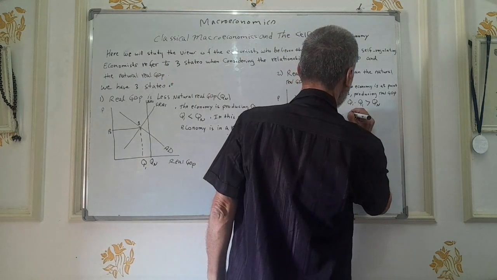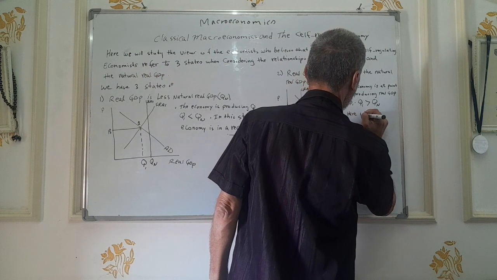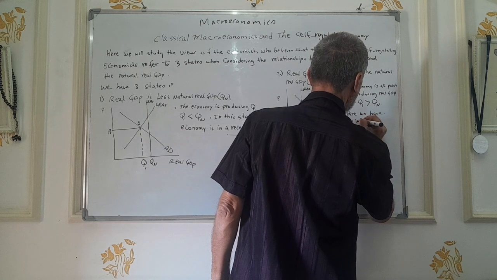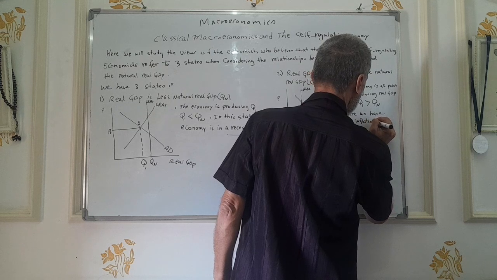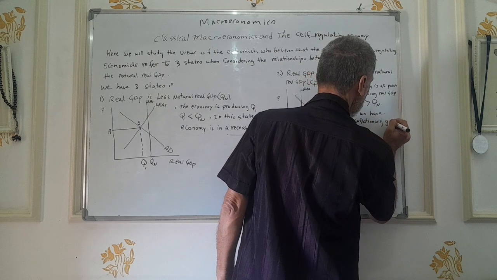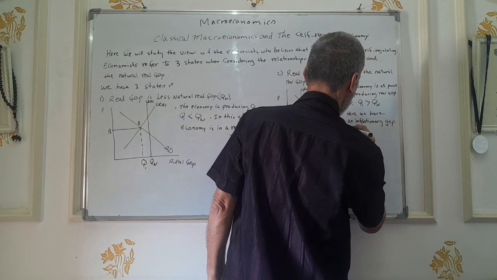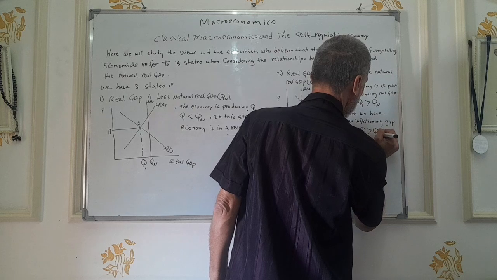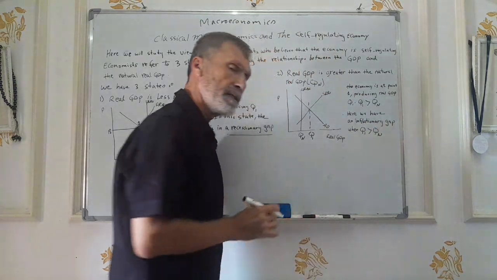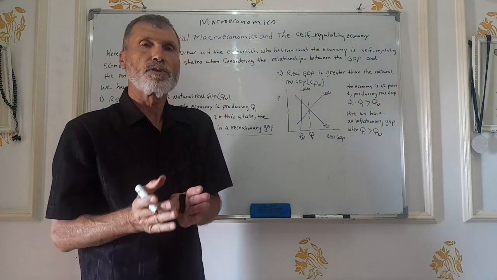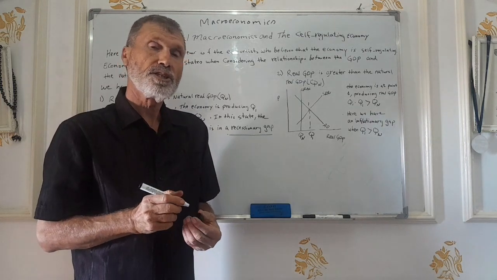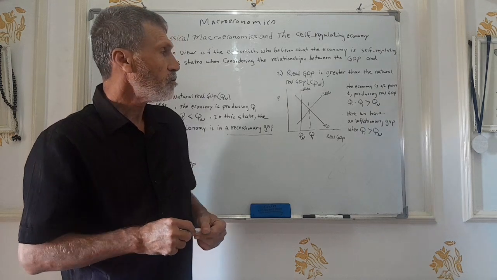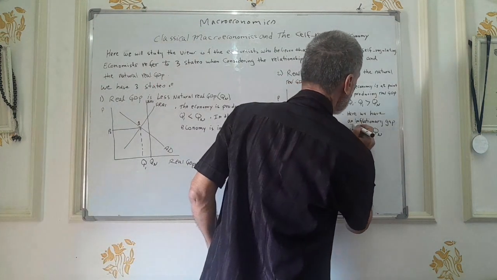So here we have an inflationary gap when Q1 is greater than Qn. When the economy is producing a level of output that is greater than the natural GDP, or the potential GDP, or the full employment output, then we have an inflationary gap.